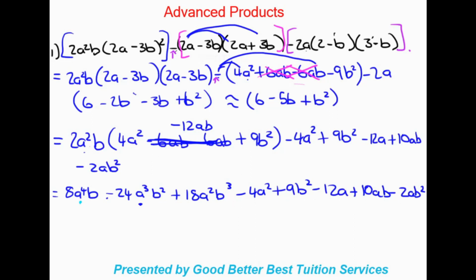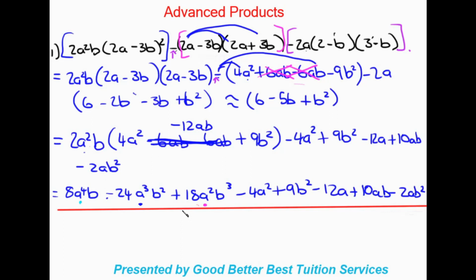No, there aren't. Are there any 18a squared b to the power of 3? No, there is not. Are there any other a squareds? No. b squareds? No. a's by themselves? No. Any other ab's? No. And any other ab squareds? No. Making this over here, guys, our final answer, which is quite big, as we have worked out a lot from that starting question, right? So that is going to be your final answer for this example.